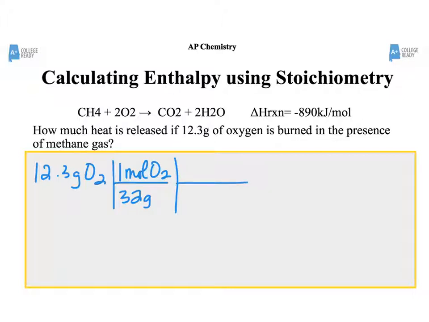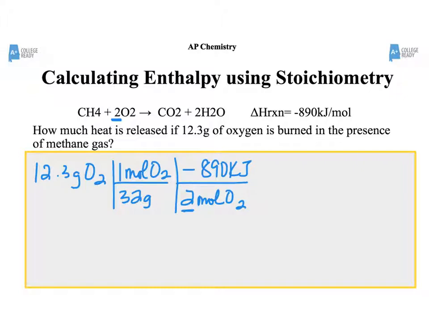And here's a really important thing to pay attention to. For every 2 moles of oxygen, I get negative 890 kilojoules. Why is it 2 right here? Well, it's because the stoichiometric ratio in the reaction is 2 moles. 2 moles of oxygen would give you 890 kilojoules.